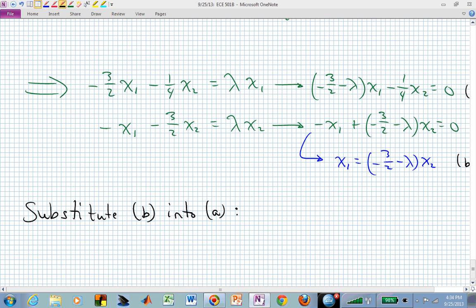I'm going to get rid of x sub 1 in that first A equation, and I now have minus 3/2 minus lambda, minus 3/2 minus lambda x sub 2. There's the x sub 1 getting removed, minus 1/4 x sub 2, and that equals 0.